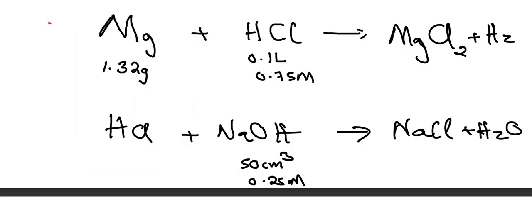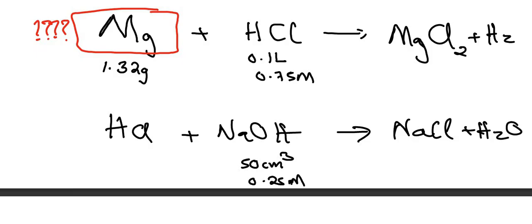So is this a forward titration or a backward titration? Because the question they're asking about is the percentage of magnesium. Is this a forward or back titration? That's the first thing you need to identify. Is it forward or backward, guys? It's backward because the question is asking about something that is in the first equation.